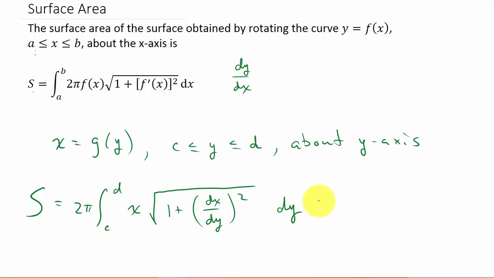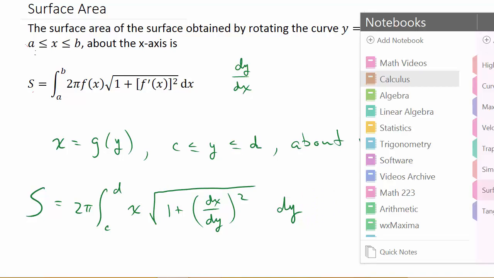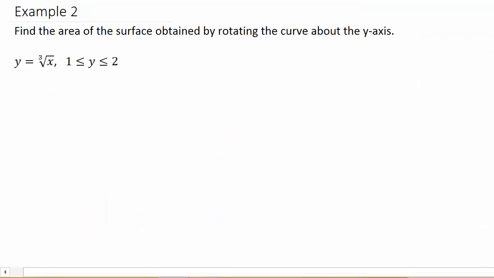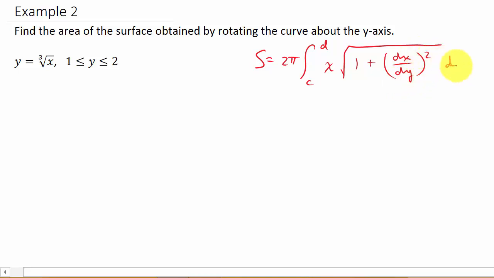All right, so let's go ahead and take a look at our example. Find the surface obtained by rotating the curve about the y-axis. Let's go ahead and write our formula down. So S is, and I'll bring the 2 pi out here, the integral from c to d of x times the square root of 1 plus the derivative of x with respect to y squared dy.